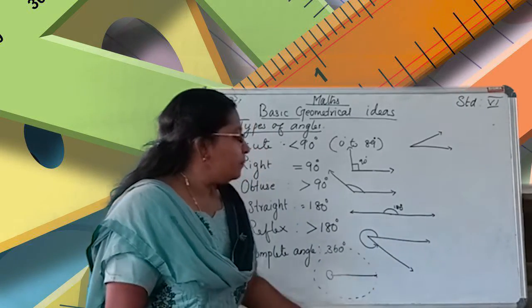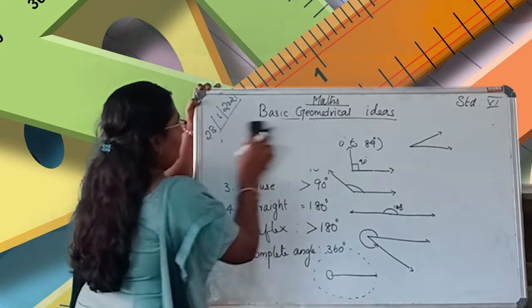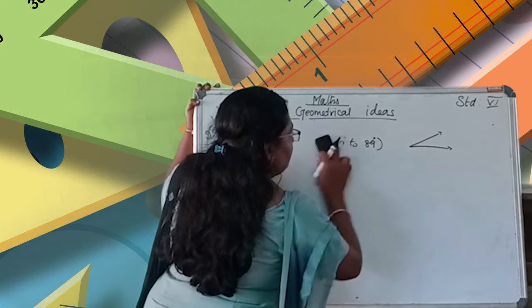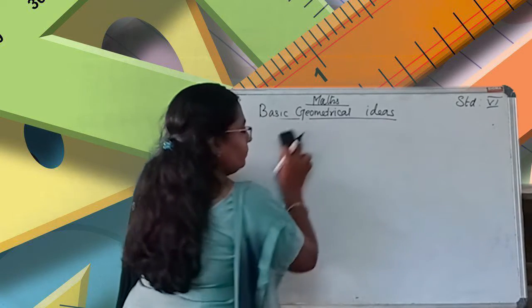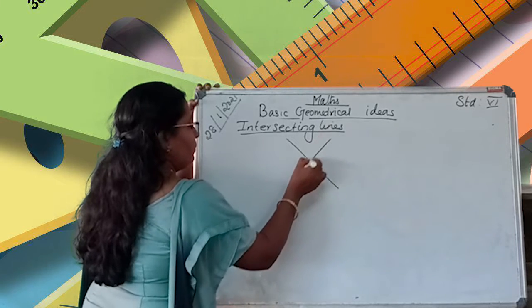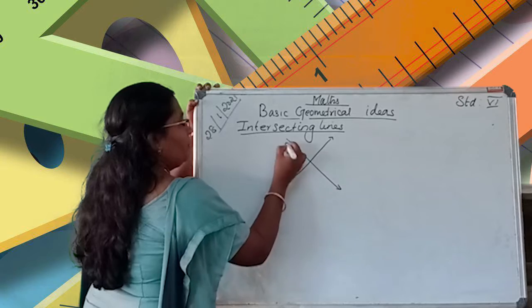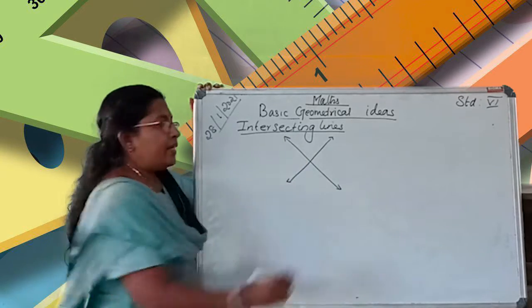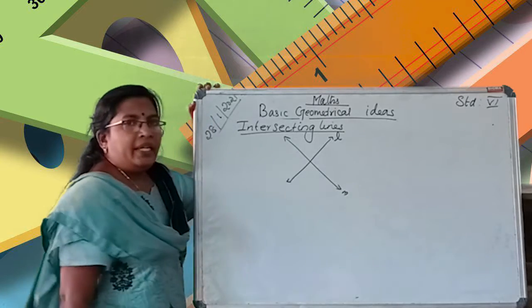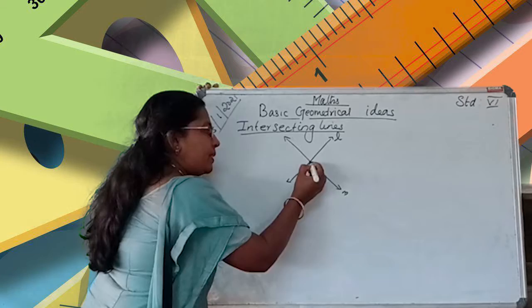Next is intersecting lines. Two lines. See here, line L and line M meet at a point.